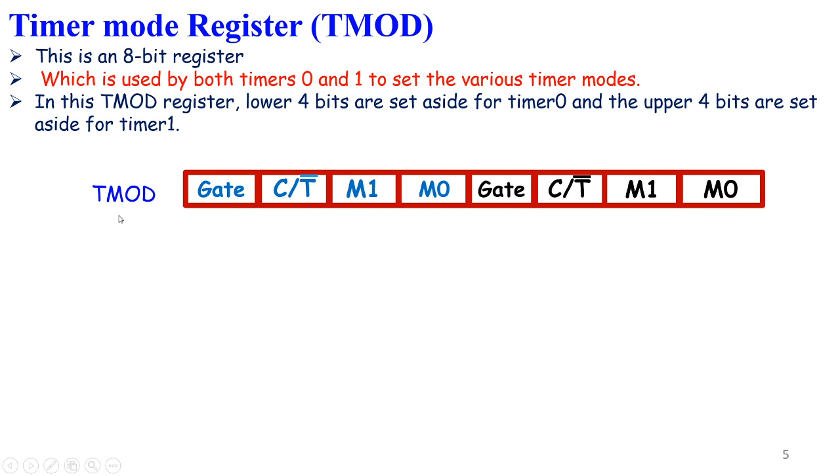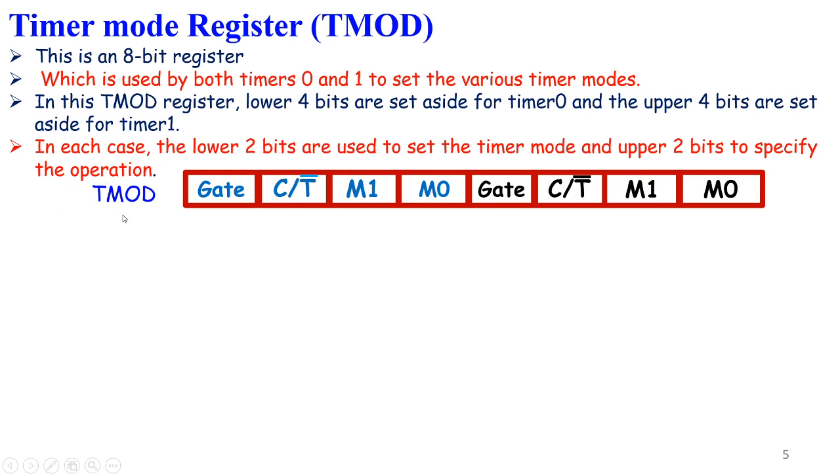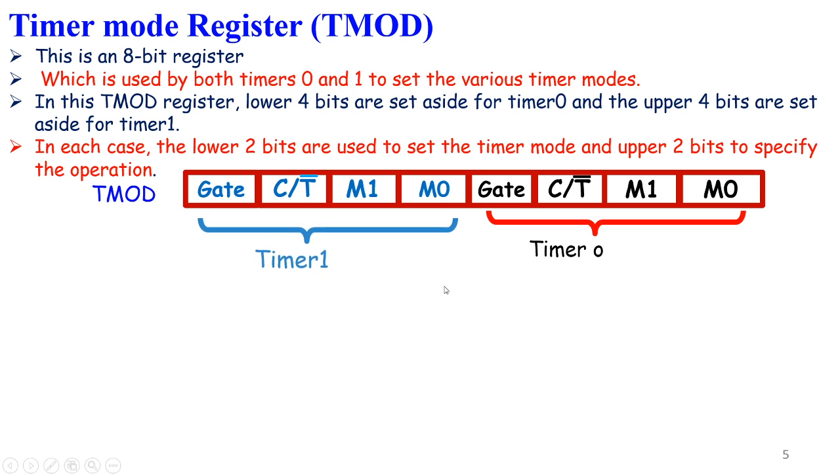So this is the format of the TMOD register, and it is divided like this. D0 to D3, the 4 bits for Timer 0, and D4 to D7, these bits are used for Timer 1.